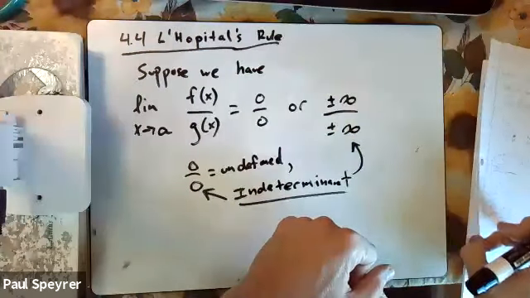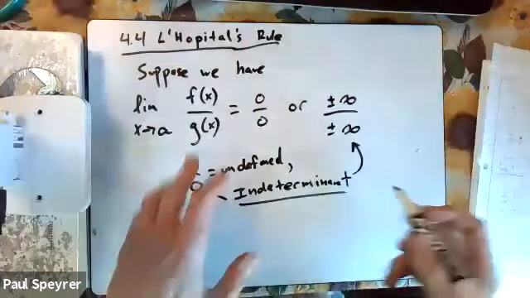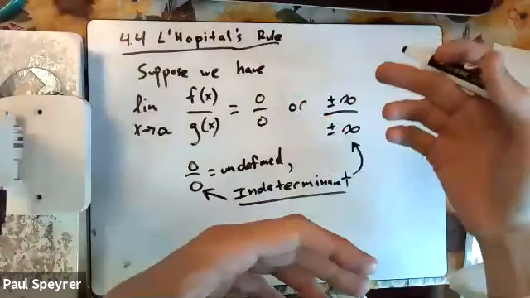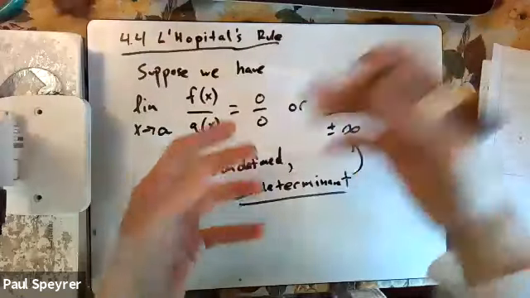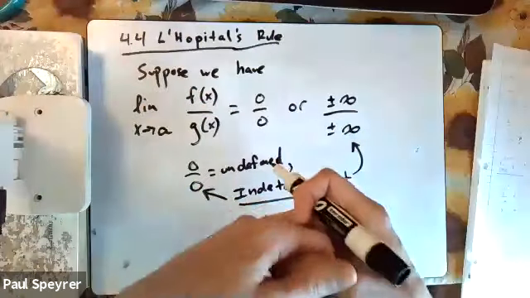So how do we figure this out, right? How do we go out there and figure out what the limits are of these limits that are initially in indeterminate form?